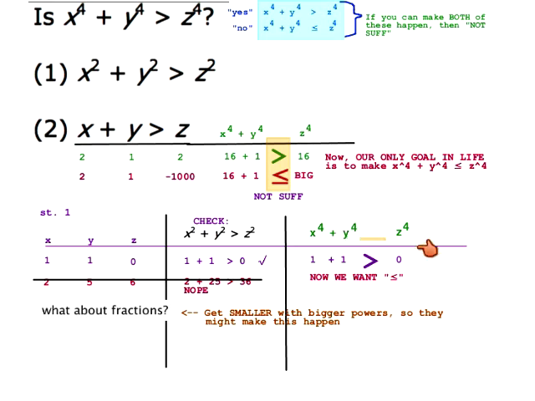And then if we're trying to make this happen, x squared plus y squared still has to be greater than z squared. But we should try to make it so x squared plus y squared isn't that much greater than z squared, because we wouldn't want it to be that much greater. The idea is that we want this to be bigger than that, but then we want these to get smaller, right?